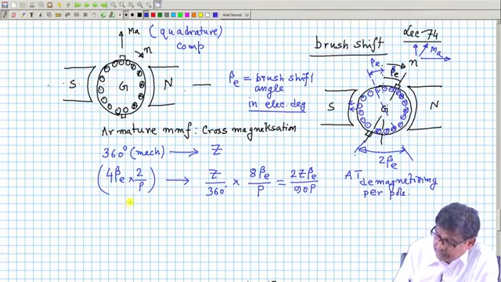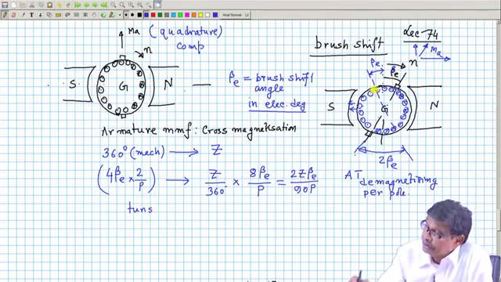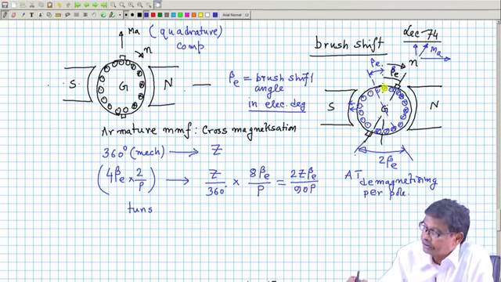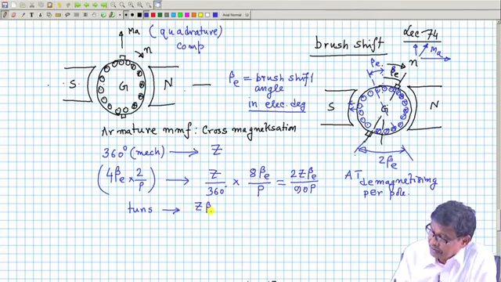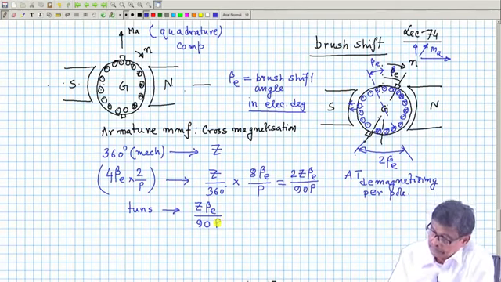How many turns? You divide it by 2, this will make 1 turn, this will make 1 turn. So, turns present over this angle is Z beta E by 90 P, is it not?